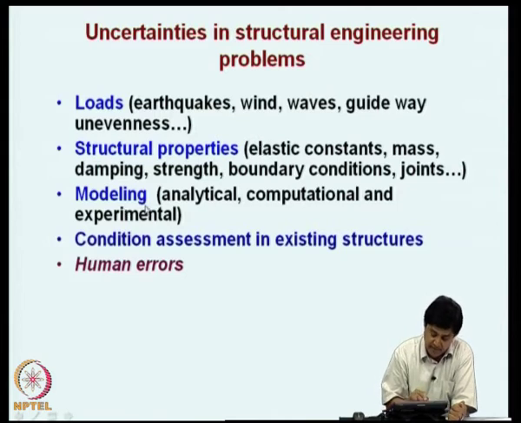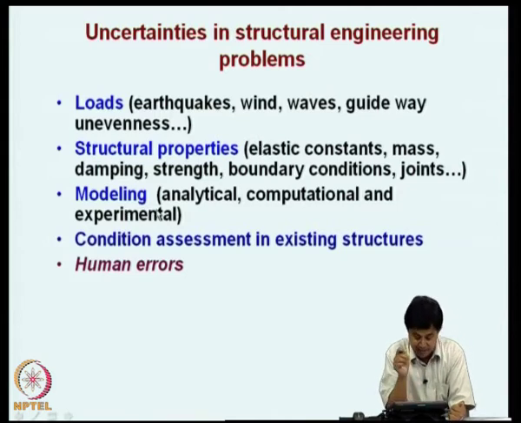Of course, the mathematical modeling itself is subject to uncertainties. To model a beam, one engineer may use Euler-Bernoulli beam theory, another person may choose a Timoshenko beam theory. Similarly, in modeling energy dissipation characteristics, one person may assume proportional viscous damping, another person may model that using friction, a Coulomb model, and so on and so forth.